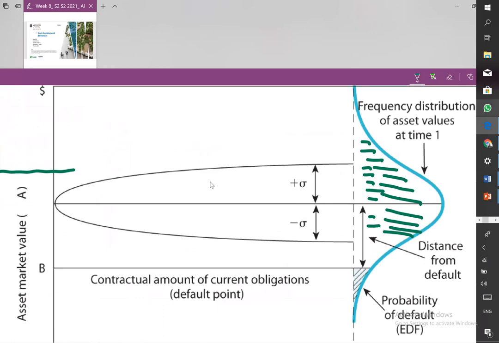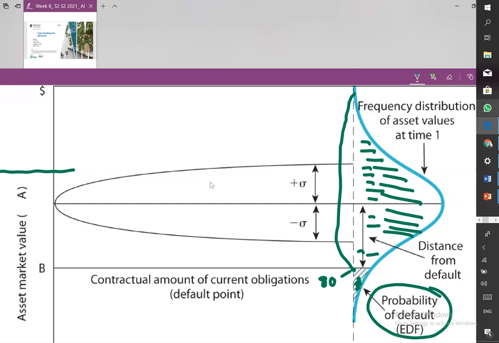They say, if the value of the company comes from here to here, this is not defaulting, which means the 80 million, which I was explaining, is here. The value of the company is here. When it goes under the 80 million, then this is the probability of default.